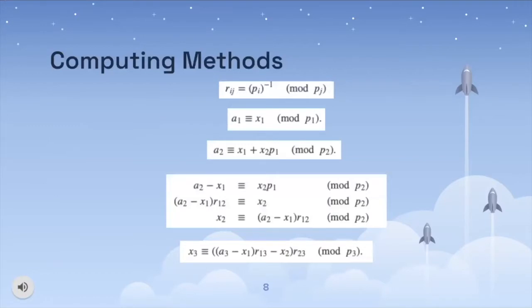I'm going to talk about the computing method of Garner's algorithm. Using the same example from the previous slide, we first denote R sub ij as the inverse of pi modulo pj. This can be found using the algorithm described in modular inverse, and the modular inverse code will be explained in a future slide.